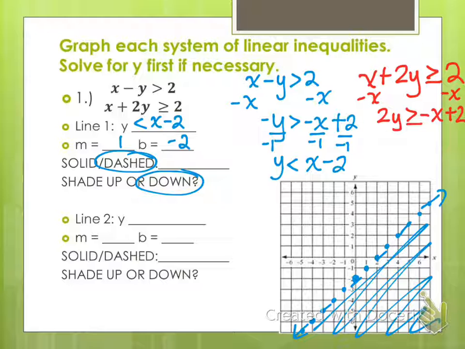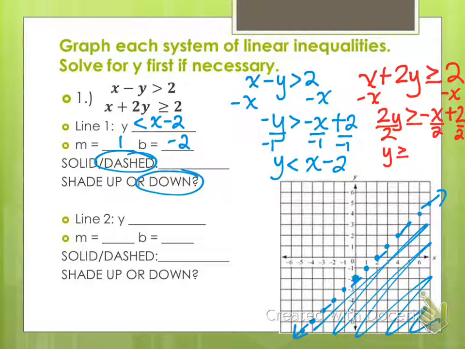Y is not alone yet. Logan, what should we do next to get y alone? Divide everything by 2. Do I need to flip the inequality symbol? No, we divided by a positive. If we divide by a positive, that symbol does not change.